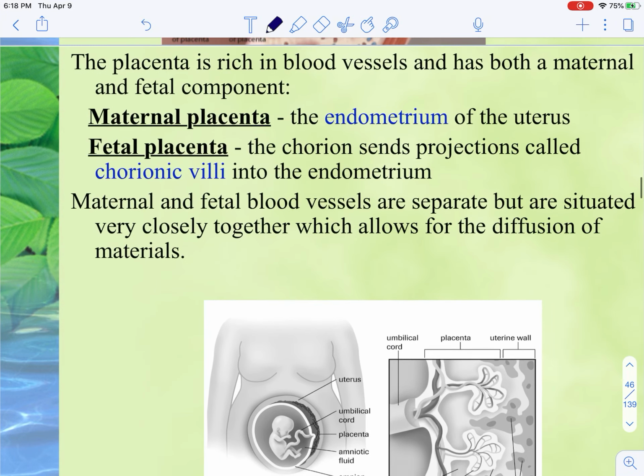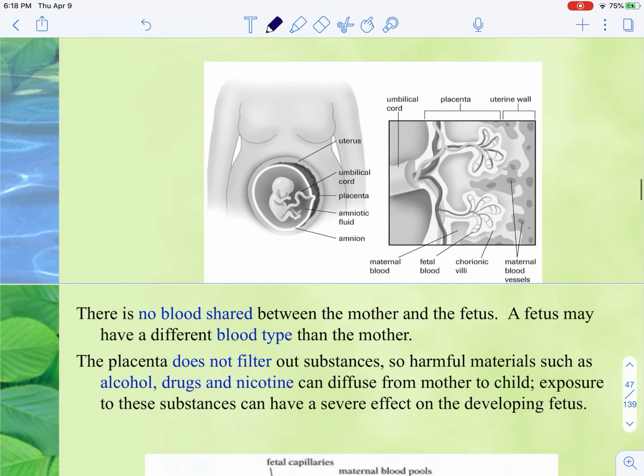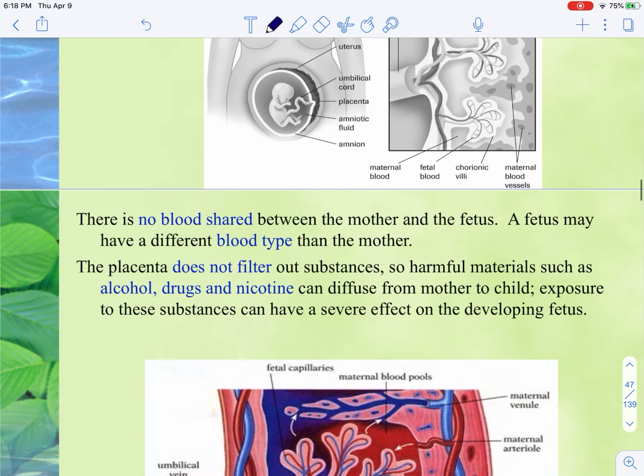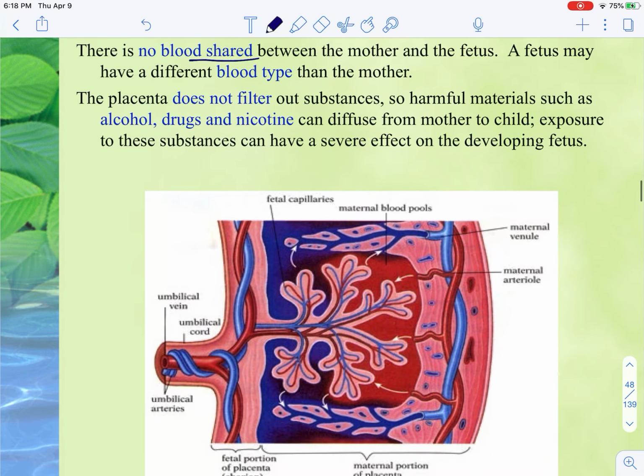So as we go to this slide, that's what it's describing here: the two parts of the placenta and how blood is not shared. Because that diffusion happens, it also means harmful materials could diffuse in. So alcohol, drugs, nicotine could actually get diffused into the baby.